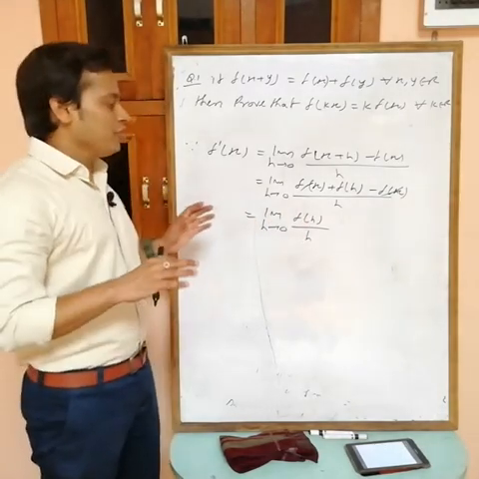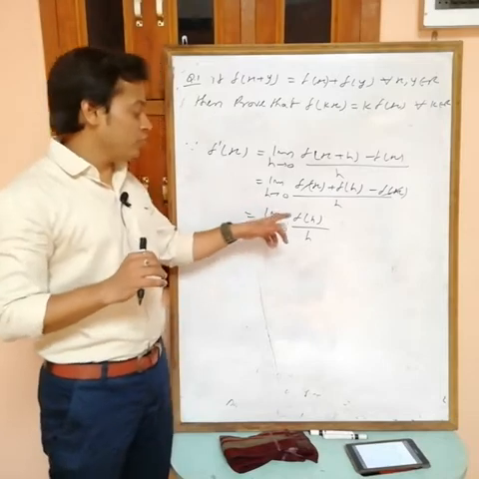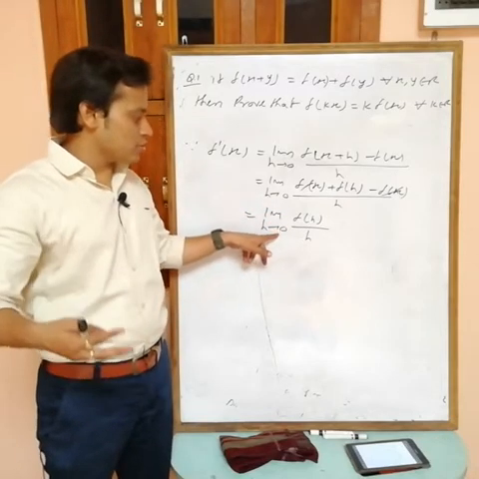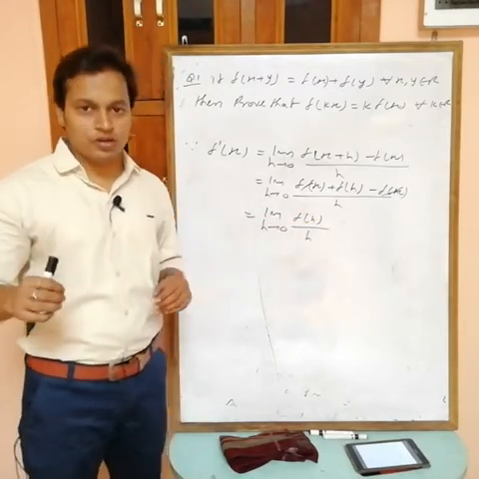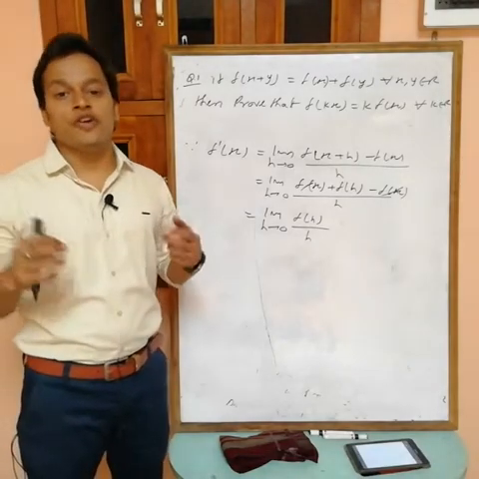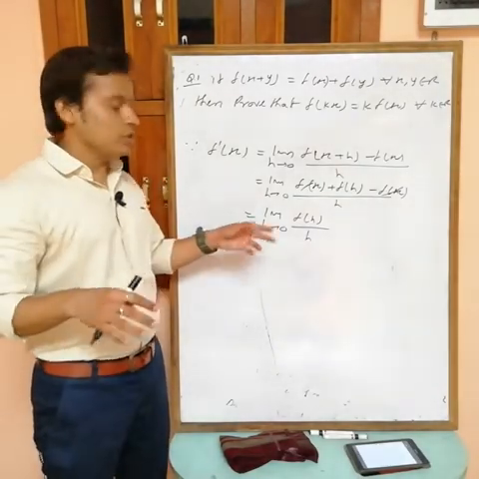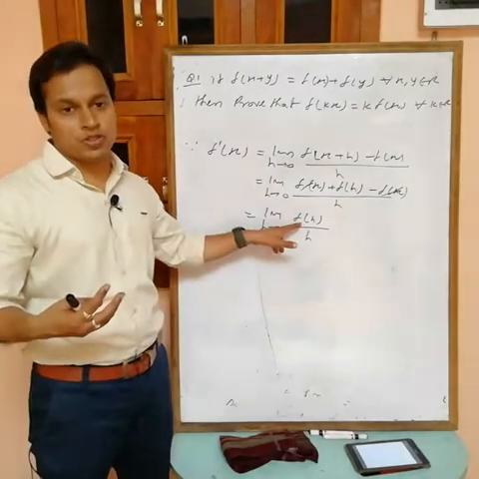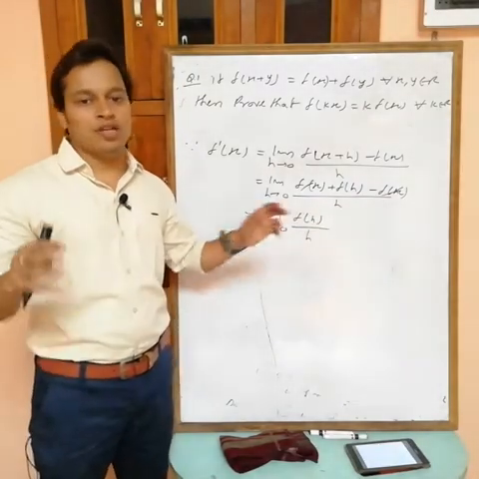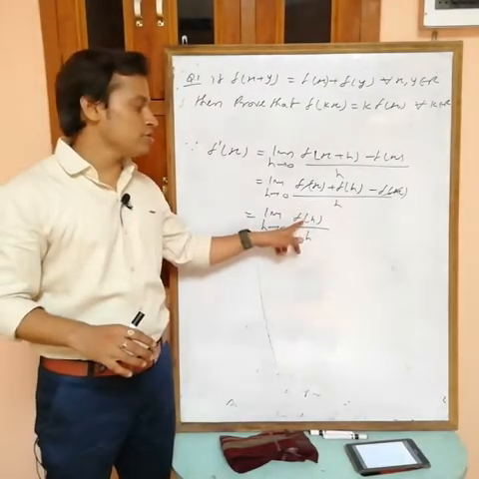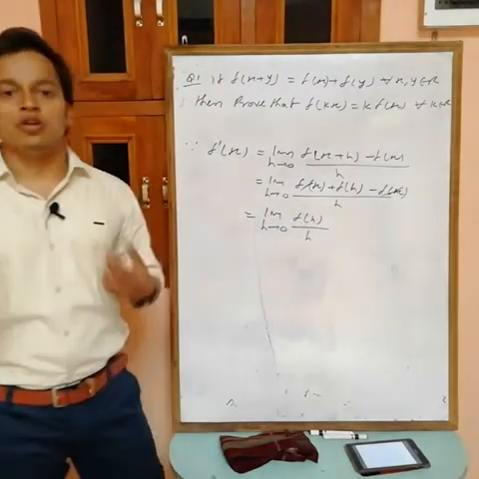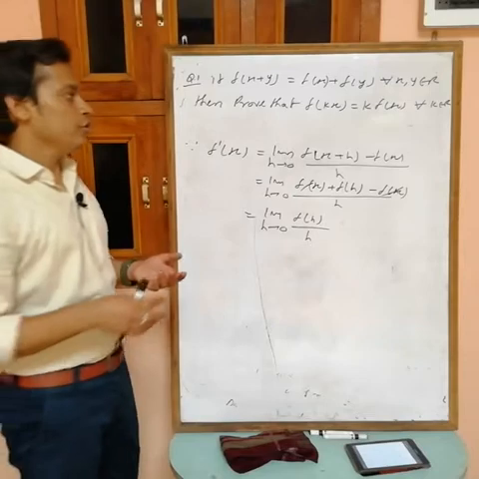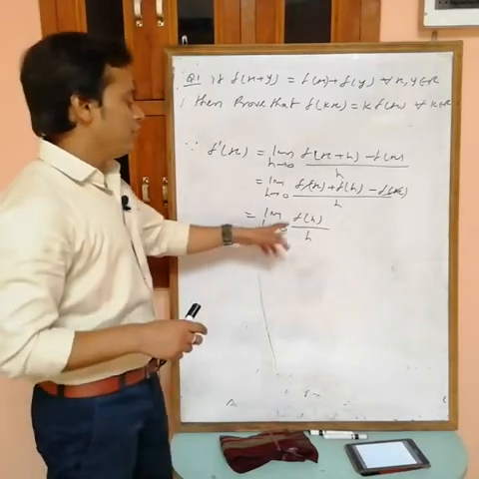Now after this one, you have two options. If I put h equals to 0, what we are getting? f(0). So first we have to find the value of f(0), which tells whether this is an indeterminate form or not. If f(0) is not equal to 0, then this is non-zero by 0, which becomes infinity. If f(0) equals 0, then this is 0 by 0, and you can use L'Hopital's rule also. So here what we want is the value of f(0).